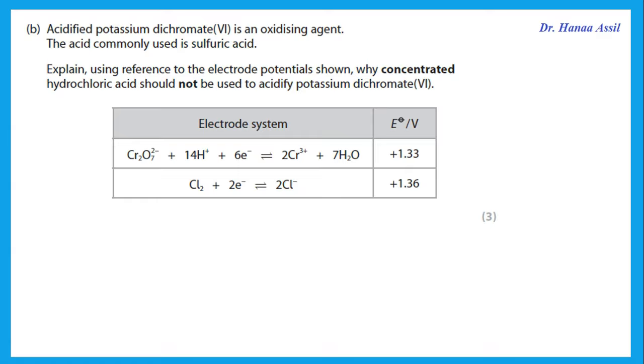Well, these electrode potentials for potassium dichromate, that's the first one we're using. But the second one, if we're going to use dichromate as an oxidizing agent, then the chloride should be the one that is oxidized. Chloride has to be oxidized.